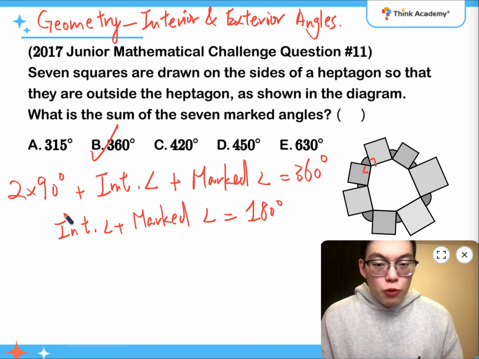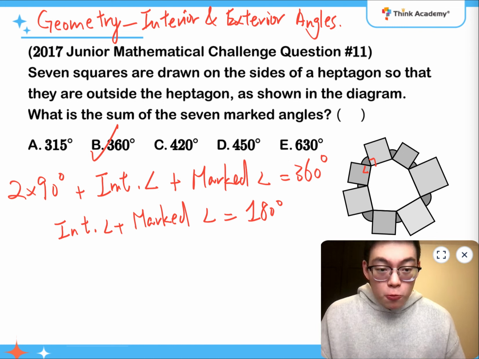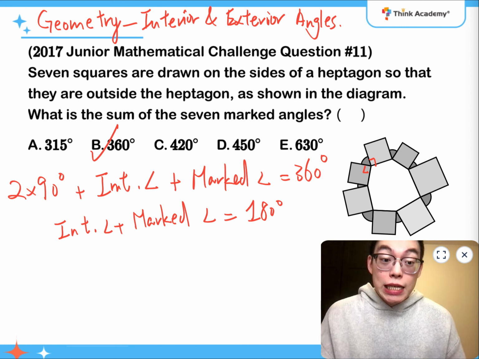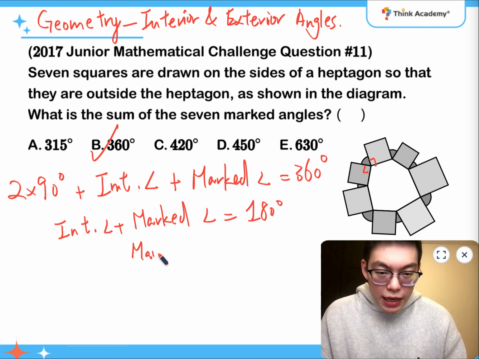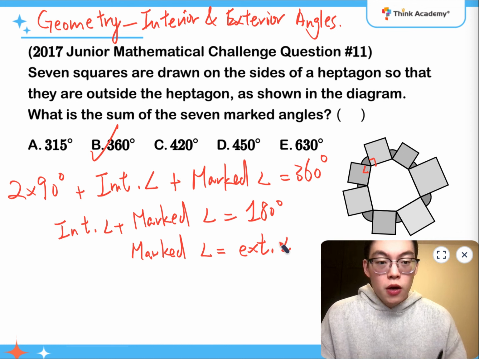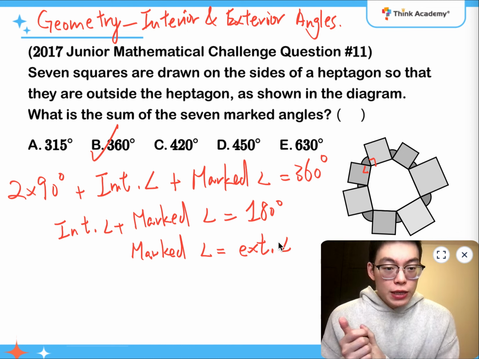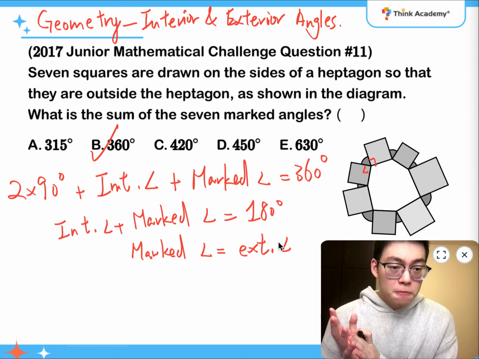Now, if I'm removing the interior angle from 180 degrees, what I have left is just the exterior angle, right? So it means that the marked angle at each vertex will be equal to the exterior angle of the heptagon for that corresponding vertex or the corresponding interior angle.